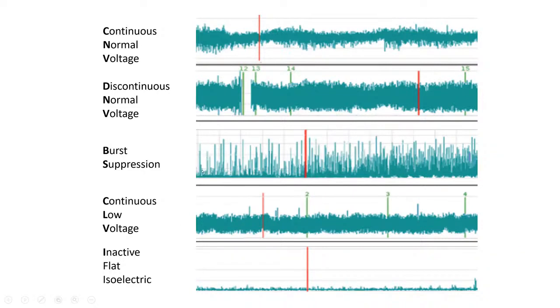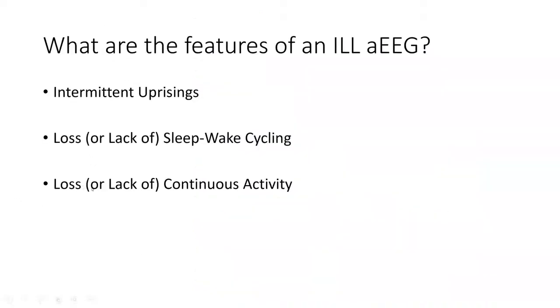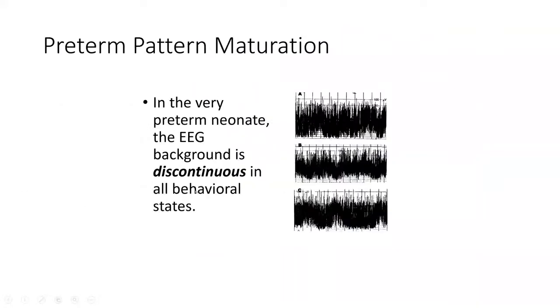And then burst suppression is that in-between place where the brain is still firing, but then it goes flat, firing, flat, firing, flat. So this lack of continuous normal activity is a very bad sign. So lack or loss of continuous activity. So let's talk for a second about how this relates to preterm infant patterns.